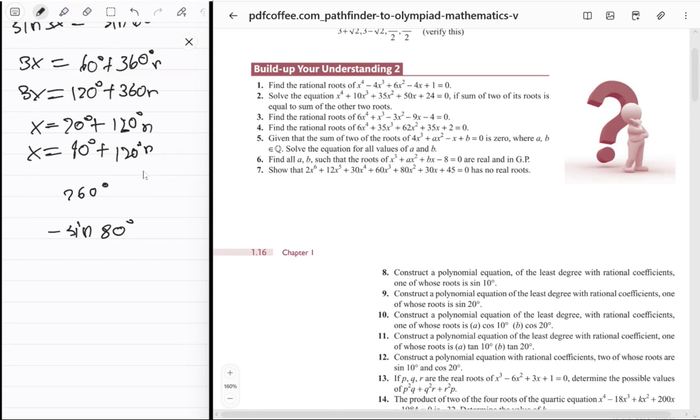Similarly, you could do 2 times of that, 240 plus 40 is 280, which is 360 minus 80. So once again, negative sine of 80 degrees. Both are the same. Wow, so you got the third value as well, which is negative sine of 80 degrees.